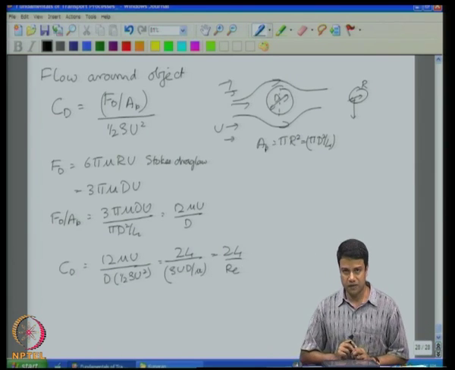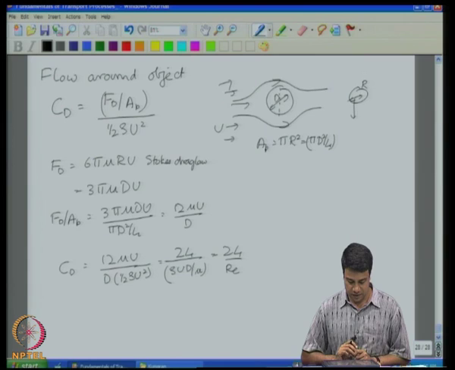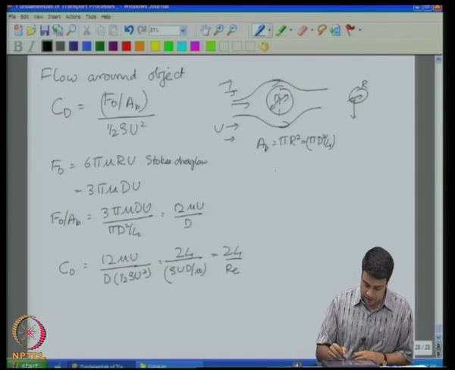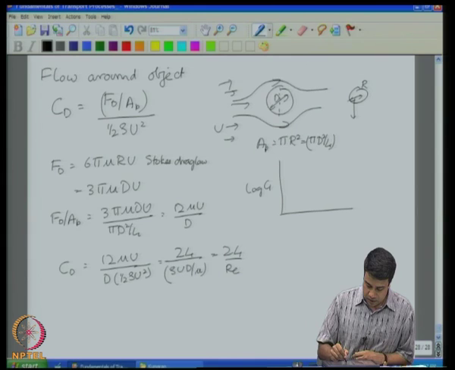You must have studied the correlation for the drag coefficient for the force on a sphere settling in a fluid. In the limit of low Reynolds number, where the forces are primarily viscous, the drag coefficient is given by 24 by Re. So, if I plot log C_d versus log Re, I get something that goes like this.